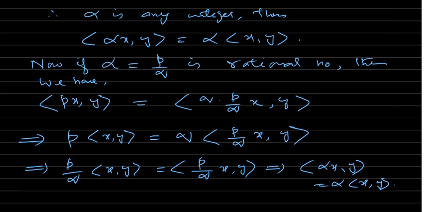Now suppose alpha is any real number. Finally, if alpha is a real number, then for this real number I can choose a sequence of rationals which converges to it.